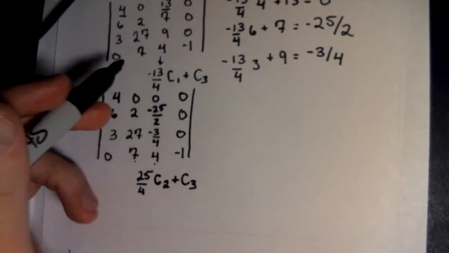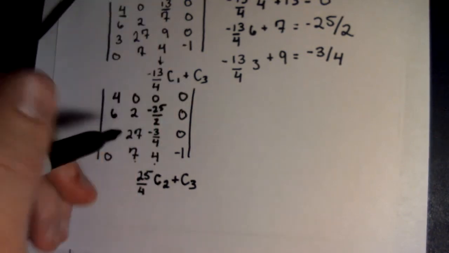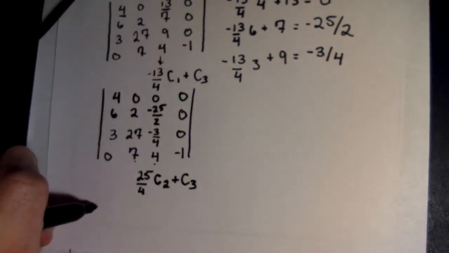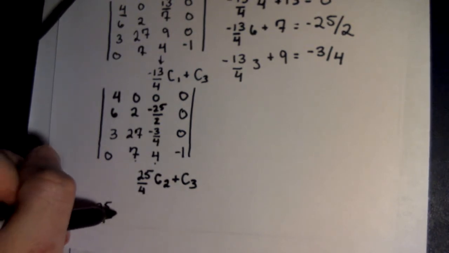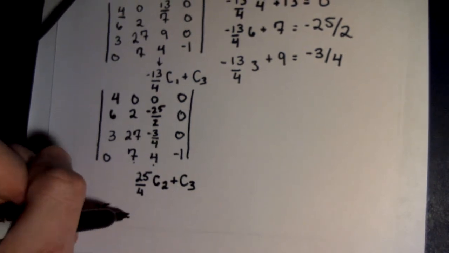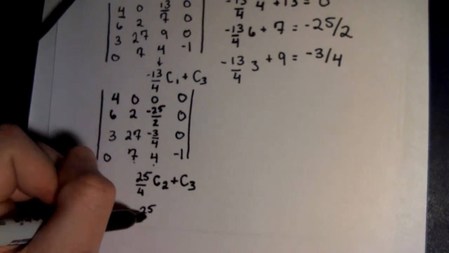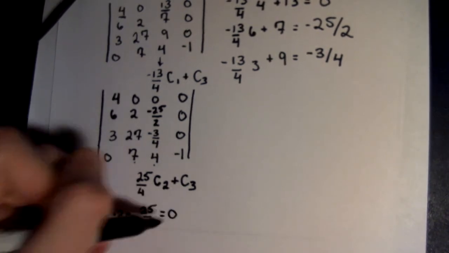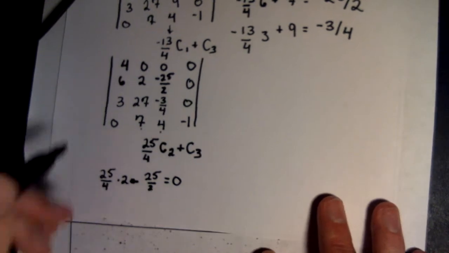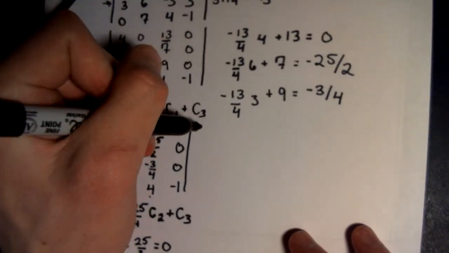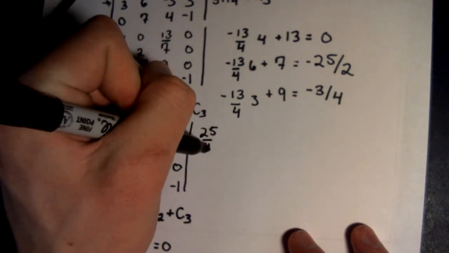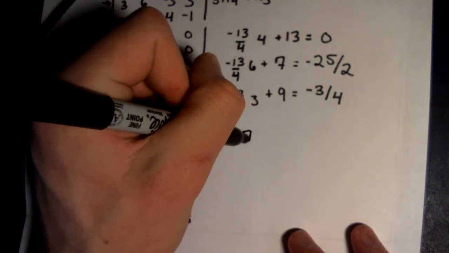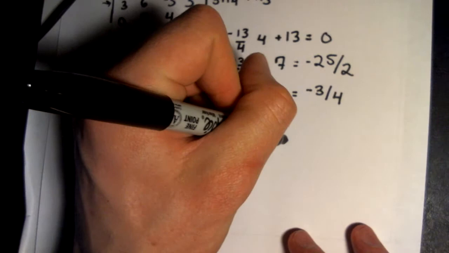So performing the arithmetic, 25 over 4 times 2 minus 25 over 2 is going to be 0. Okay, and then we look over here, we have 25 over 4 times 27 minus 3/4.